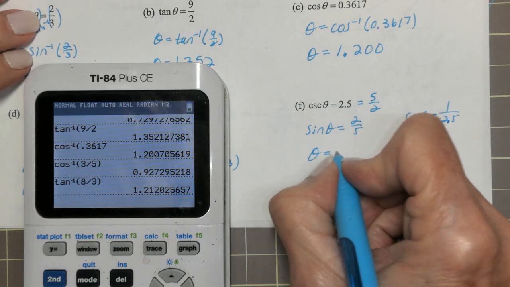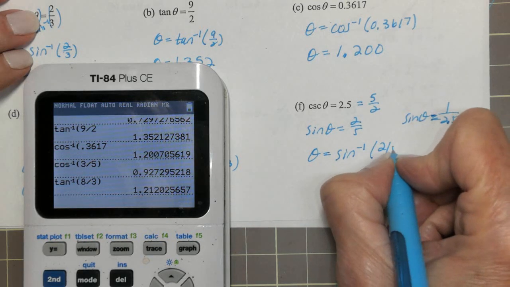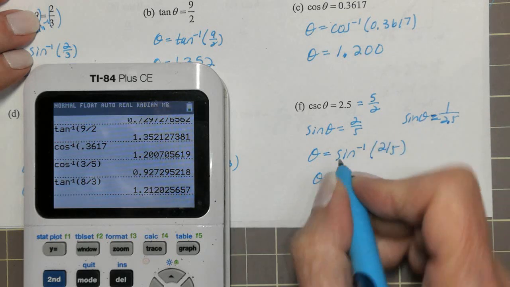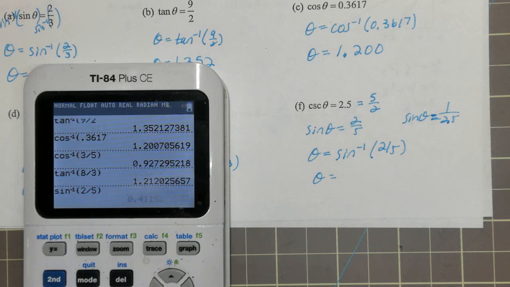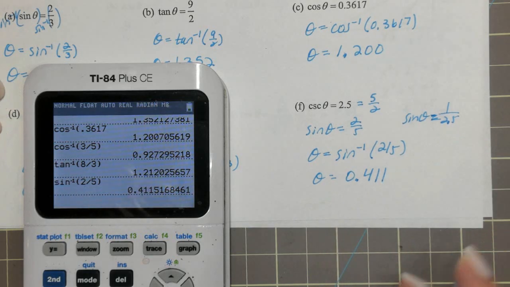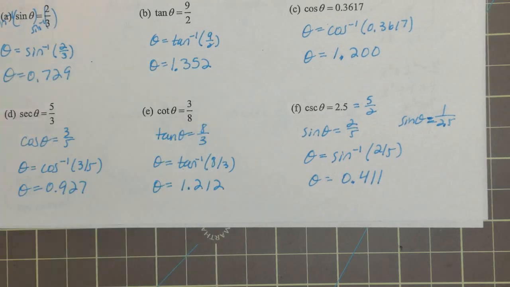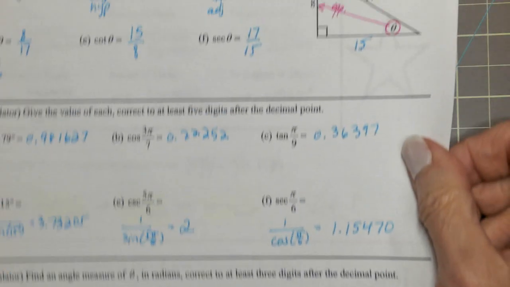So theta is equal to inverse sine of 2/5, which is 0.411. Okay, so those are the 6 trig functions based on a right triangle.